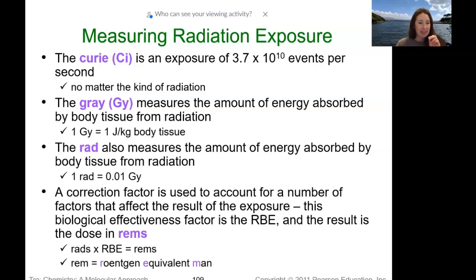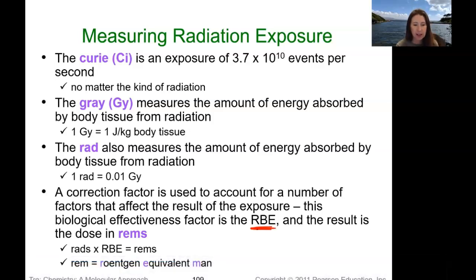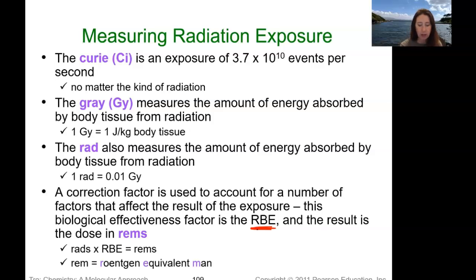So again, this is looking at the tissue damage, and this includes the energy of the radiation dose in Rads or Grays, along with the biological factor referred to as the RBE. The RBE is the relative biological effectiveness, the approximate measure of the relative effect of the radiation. And so how they figure out the dose in REMS is: remember, the Rads is the absorbed dose times the RBE.